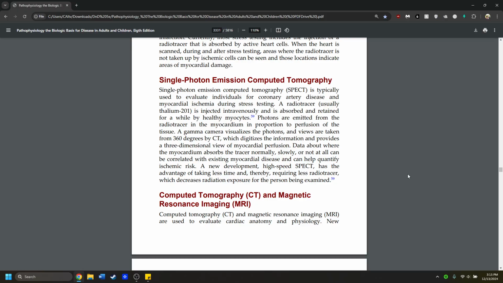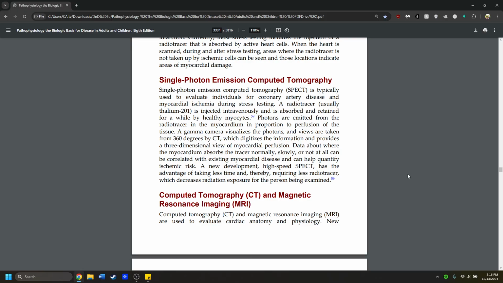A radiotracer is injected intravenously and is absorbed and retained for a while by healthy myocytes. Photons are emitted from the radiotracer in the myocardium in proportion to perfusion of the tissue.